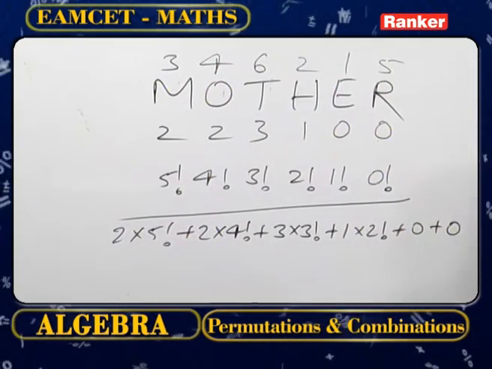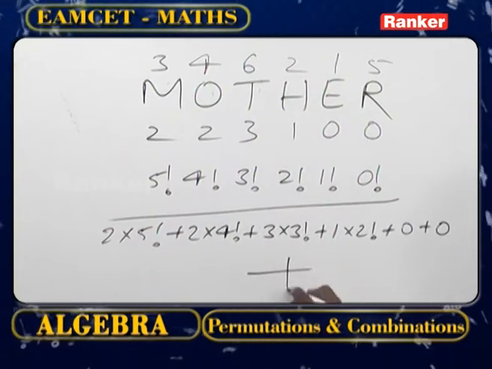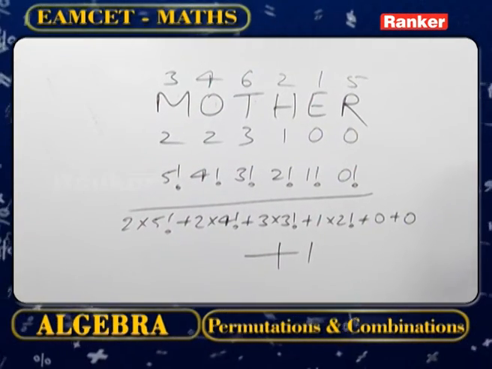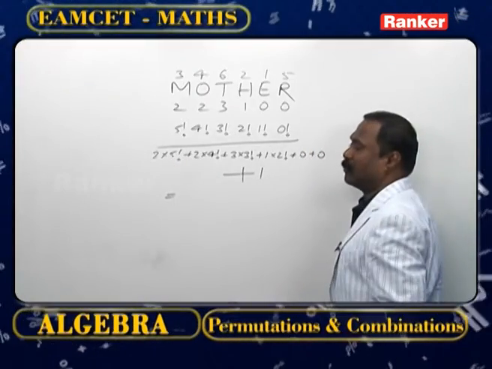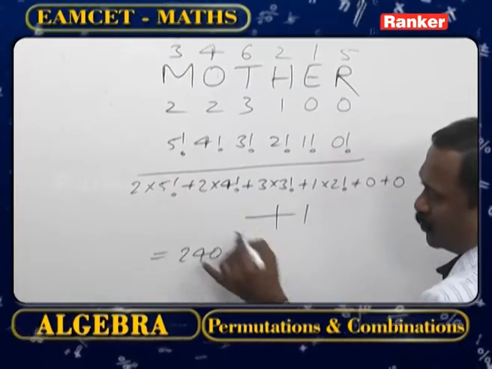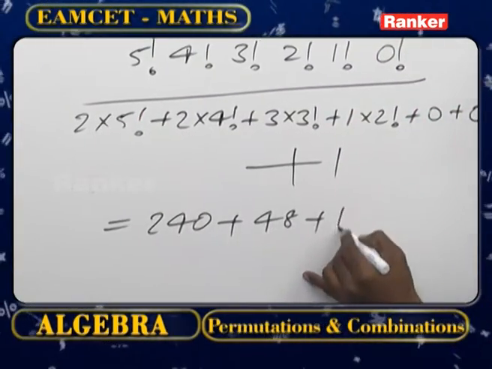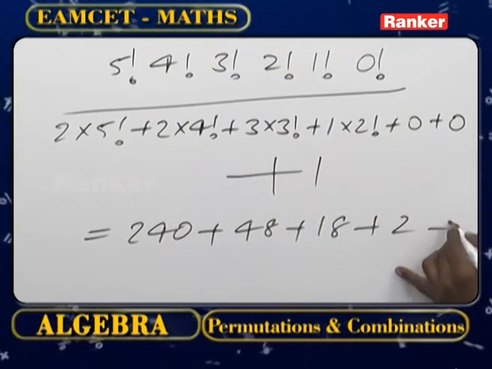These are the different arrangements before mother. But if you want to include mother also, plus 1. So what should it be now? It is 5 factorial into 2, which is 120 into 2, 240, plus 4 factorial into 2, which is 24 into 2, 48, plus 6 into 3, 18, plus 1 into 2 factorial, 2, plus 1.